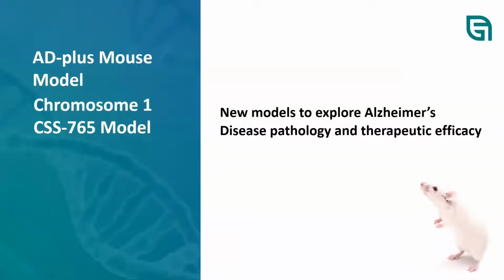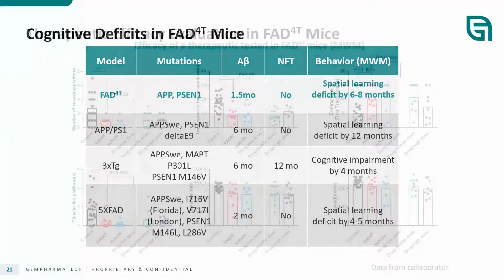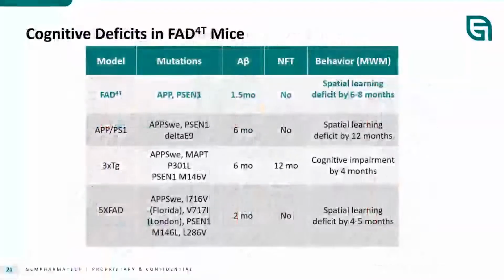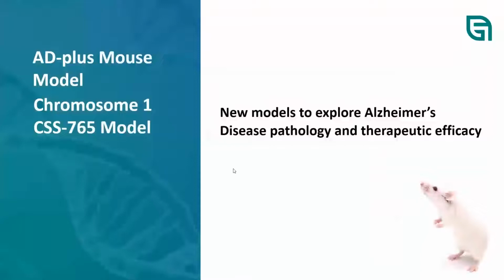Next, we'll be discussing the Alzheimer's disease plus mouse model, the chromosome 1 consomic strain. These are new models to explore Alzheimer's disease pathology and other neurodegenerative diseases, and explore therapeutic efficacy with these mouse models.